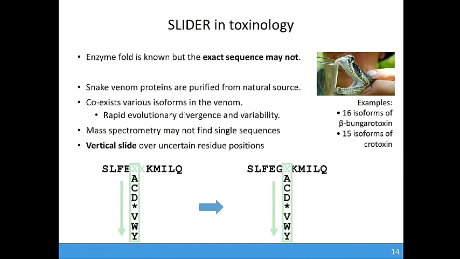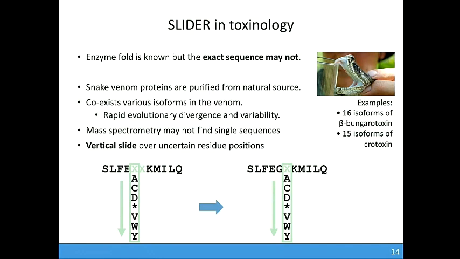We may get 50% coverage. We are not exactly sure what the residue type is in those proteins, but we know the fold, so we can phase it. But when modeling, we are developing a strategy where, instead of sliding horizontally, as I showed you before, we slide vertically.